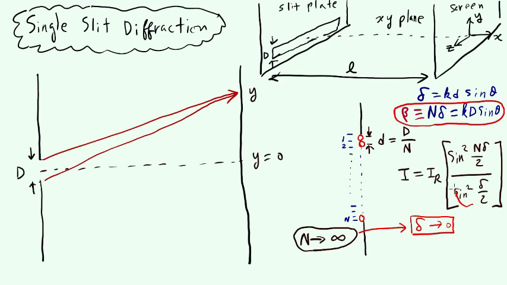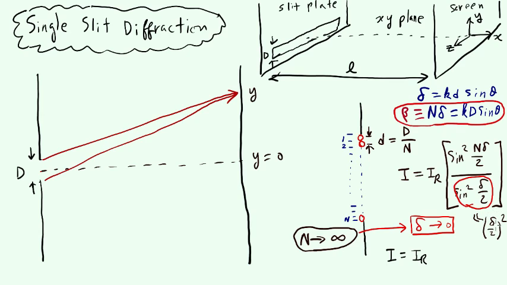So that means we can approximate this sine square delta over 2 as delta over 2 squared. And then we're almost done here. In the numerator, you can notice that N delta is beta, so we can replace that. And so then I equals I_R.